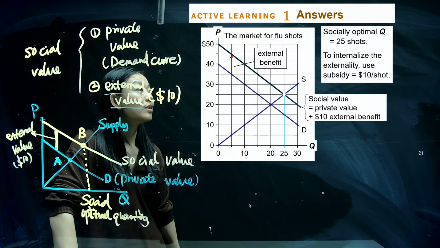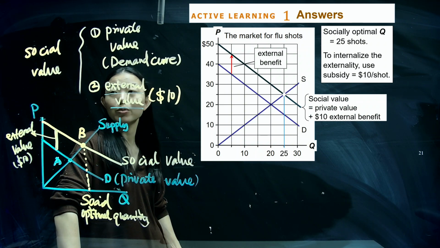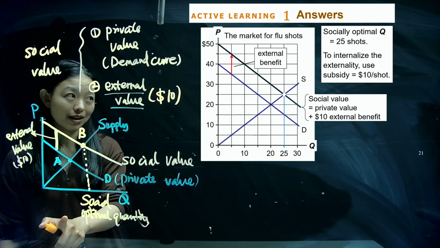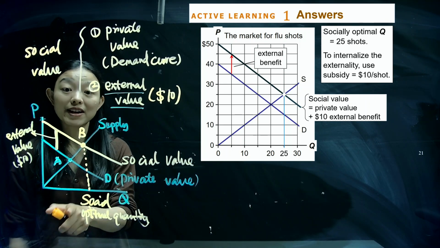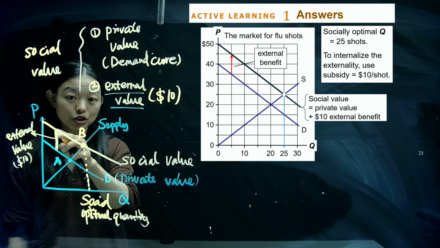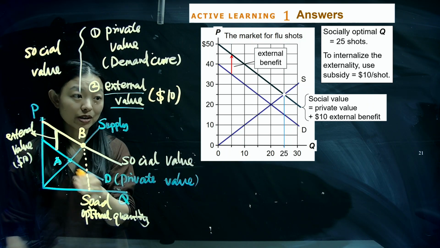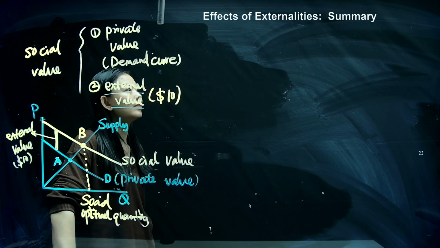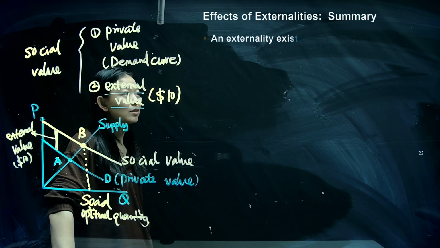All right. So this is something regarding negative externality and positive externality. Remember in this graph, when we consider positive externality, we only have one supply curve, but two demand curves. Let's look at the externalities summarized.